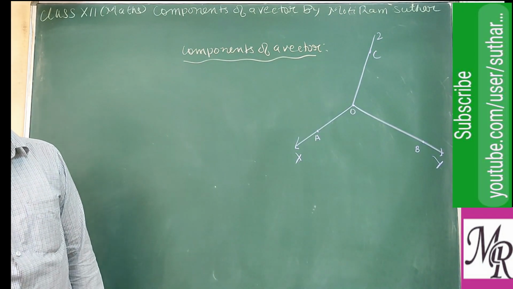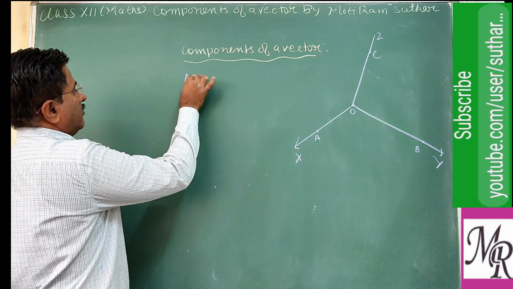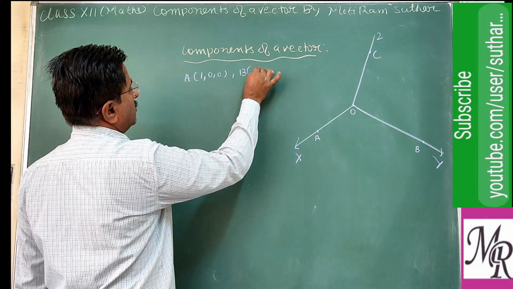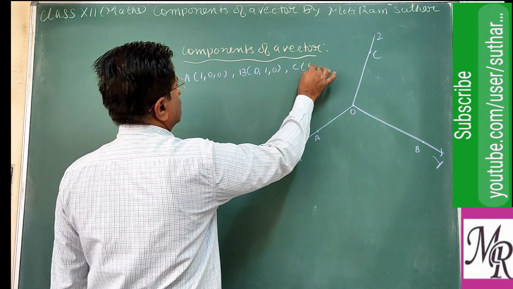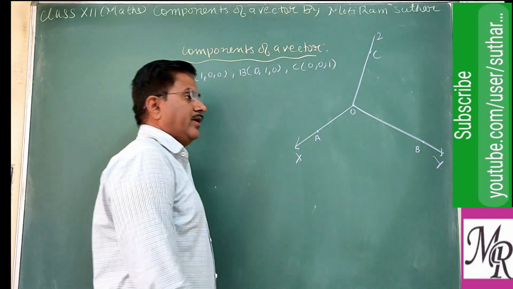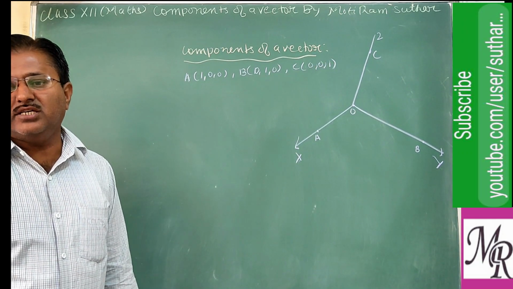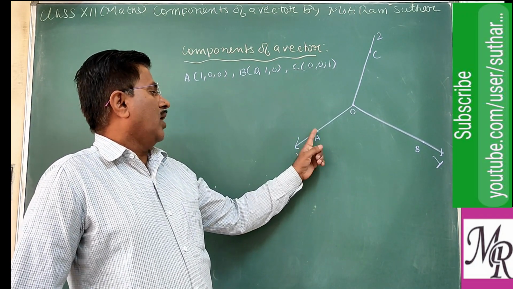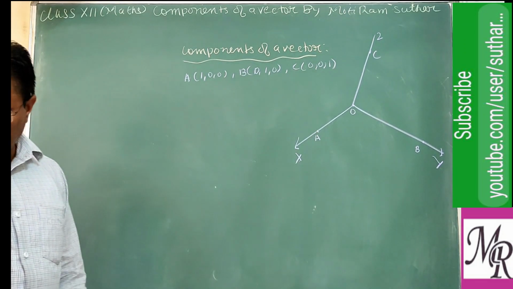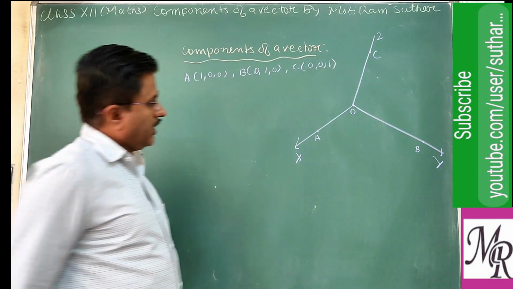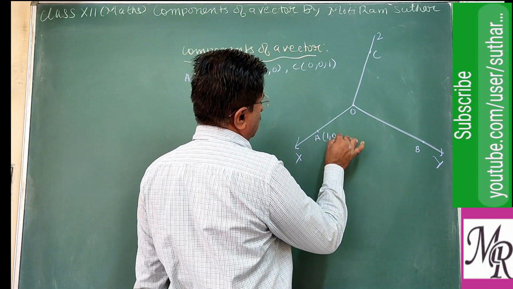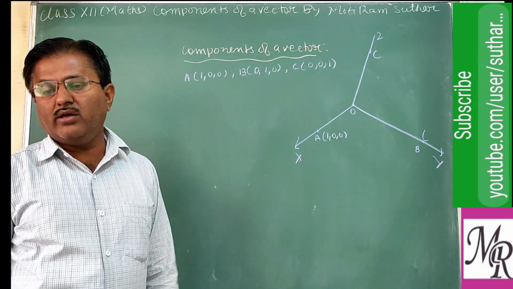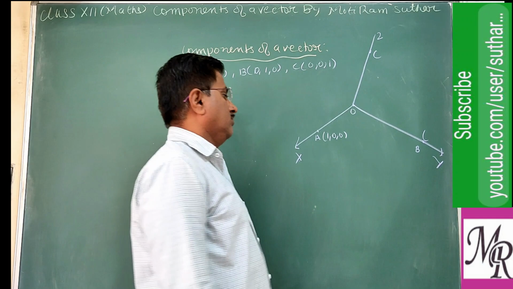A, B, C. So we are taking the coordinates of these as 1 0 0, 0 1 0, 0 0 1, because when we take any point on the x axis, its x coordinate will be some scalar, and y and z coordinates will be 0. So we can write here A as 1 0 0. When you take B on the y axis, then the y coordinate is some scalar, others will be 0.